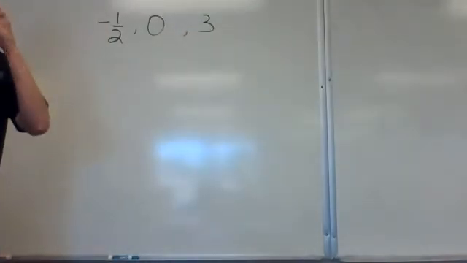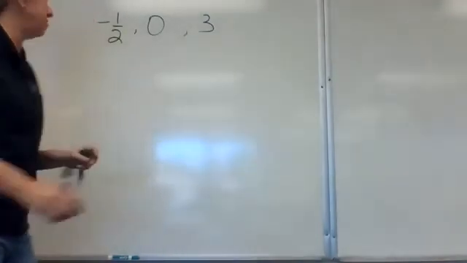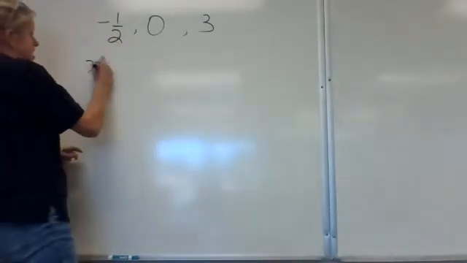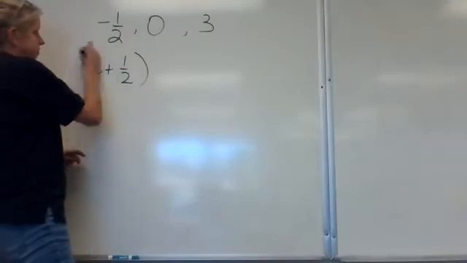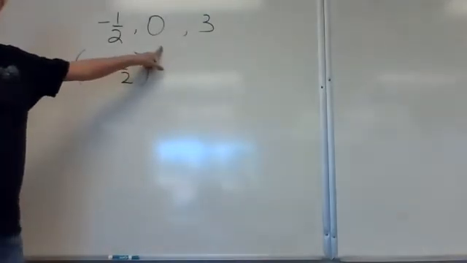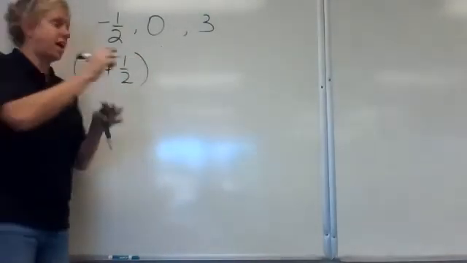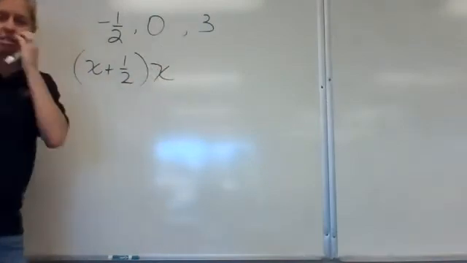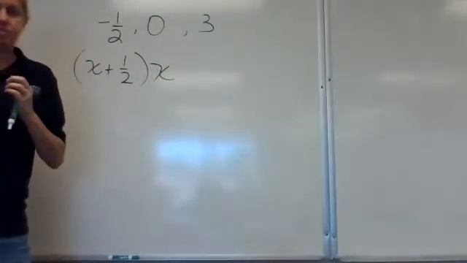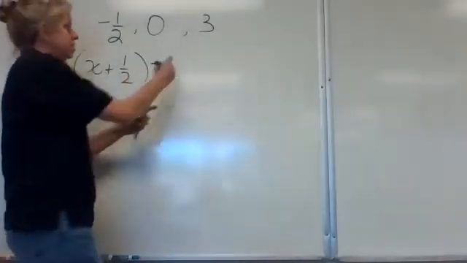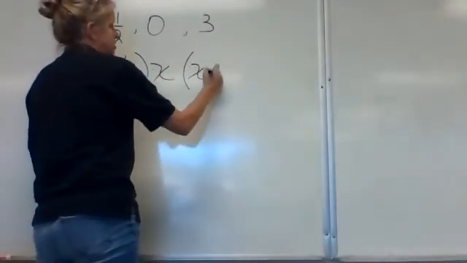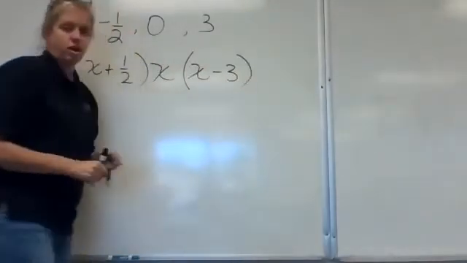All right, so let's turn these zeros into the factors that they came from. So this will be x plus 1/2. Now, if your zero is a 0, that means the factor that it came from is just an x. Then this one's factor would be x minus 3.